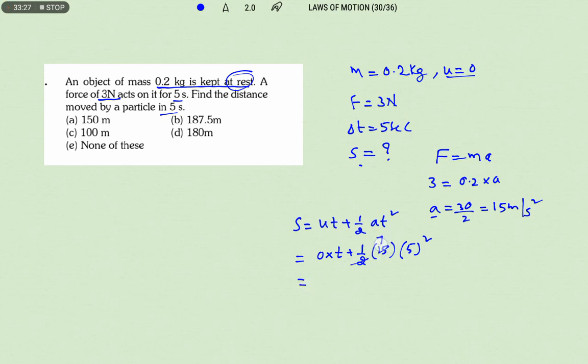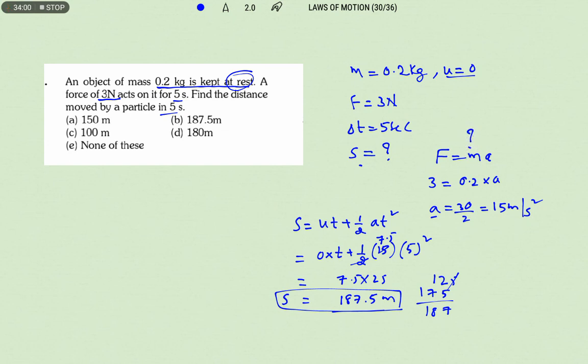So 7.5 into 25. 25 fives are 125, 25 sevens are 175, so 187.5 meters is the distance travelled in the duration. Here there is no information about acceleration, so we find out acceleration with the help of force and mass of the body. Then we use the second equation of motion to find the distance travelled by the body.